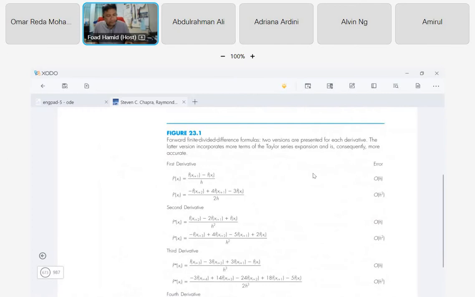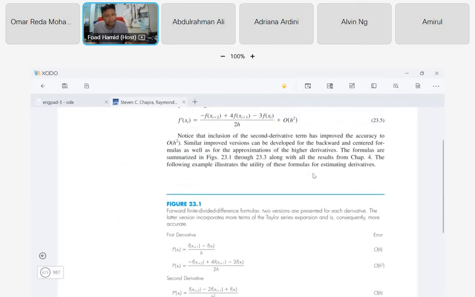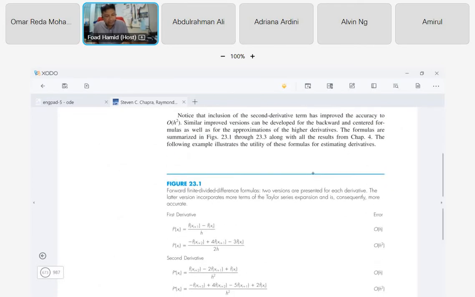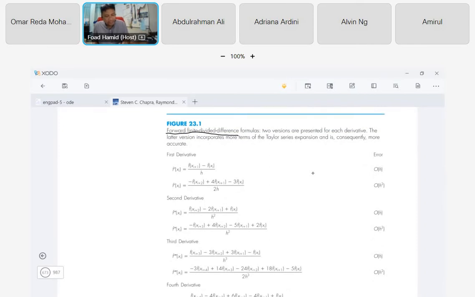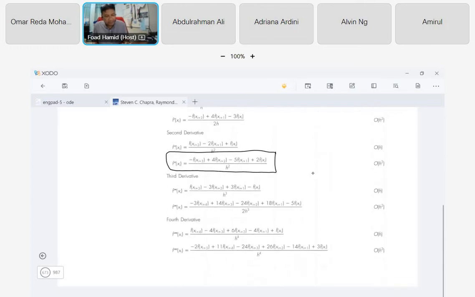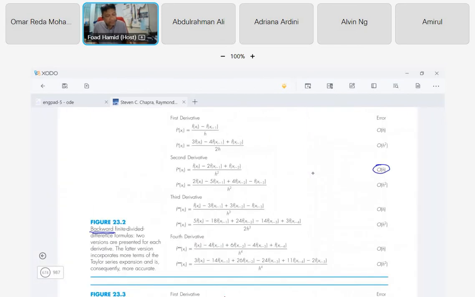Note that the second derivative can be approximated by all these formulas. This is the forward finite difference, for the first derivative and for the second derivative. Then we have the backward finite difference.